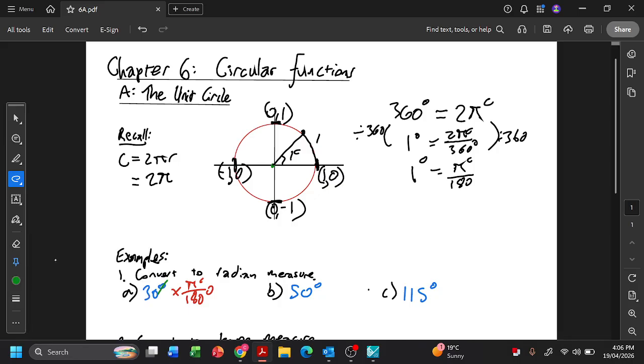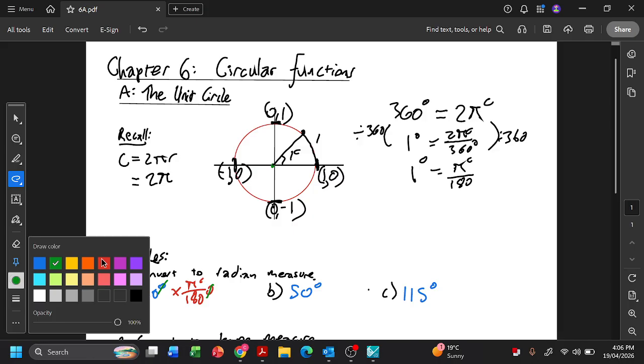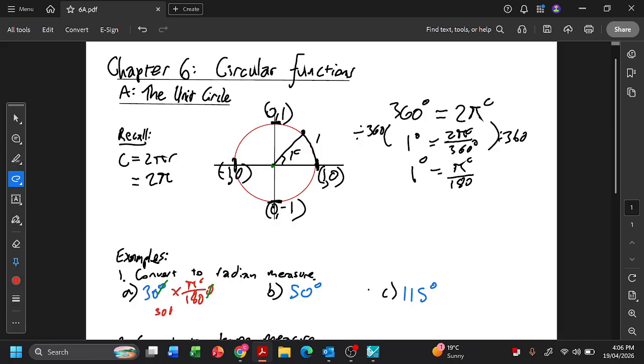We have the 30 degrees, and that cancels out this degrees because we're dividing by degrees, and that leaves us with 30 times pi over 180, which is just the same as 30 pi over 180, and 30 goes into 180 6 times, so therefore this is equal to pi over 6 radians.